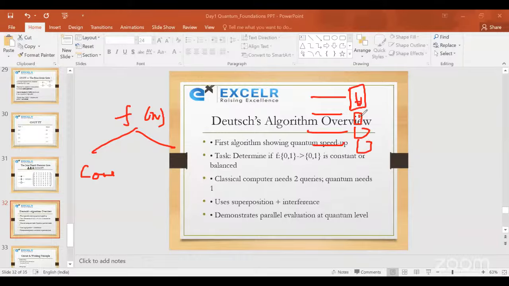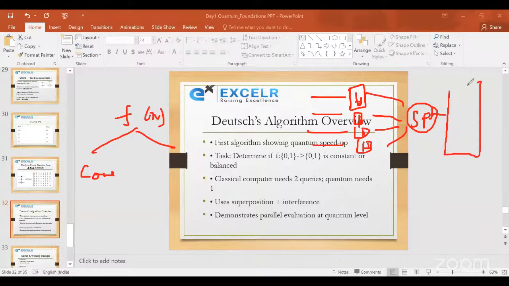Everywhere he will put a Hadamard gate, which forms a superposition state, and on this superposition state we apply the oracle. After the oracle, we have to do the superposition decoding, from superposition to the output state, so we again apply the Hadamard gate here.